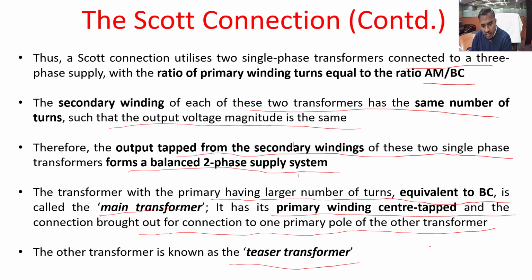There only you have to connect this one, so that the voltage per turn remains constant. Of course, if voltage per turn does not remain constant, is it possible to obtain a Scott connection? You should have a different number of turns in the secondary, then only it is possible. Yeah, that you have to remember.